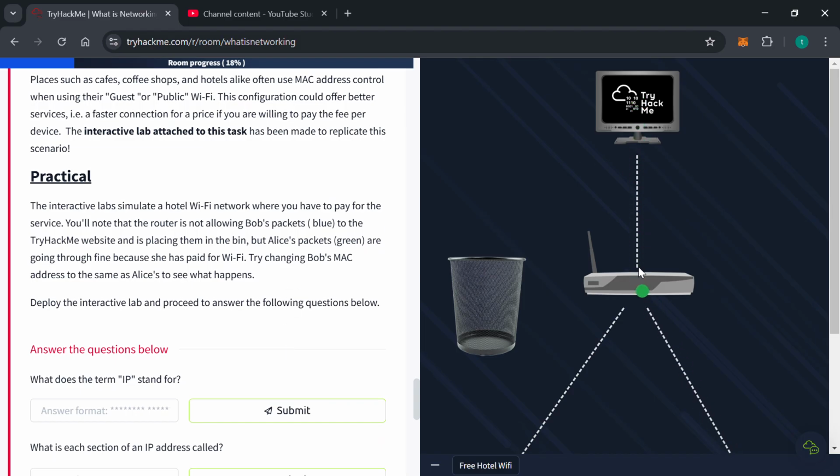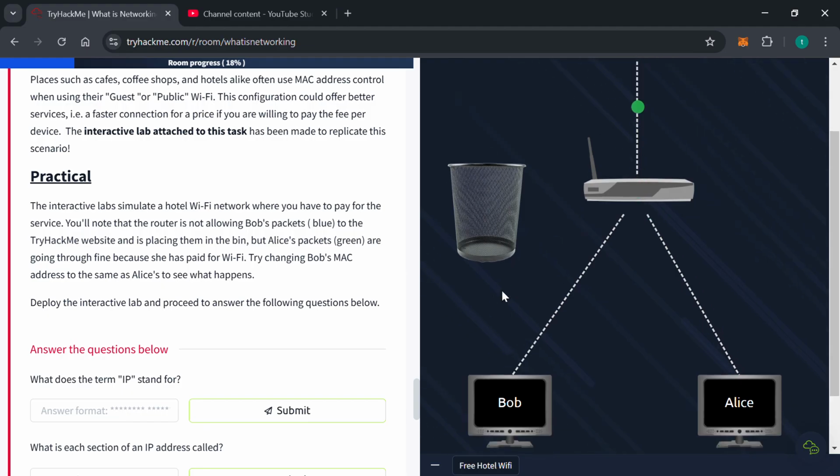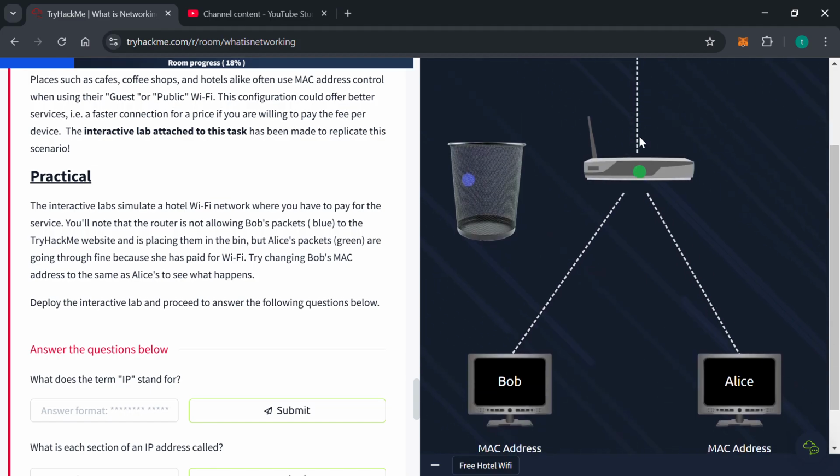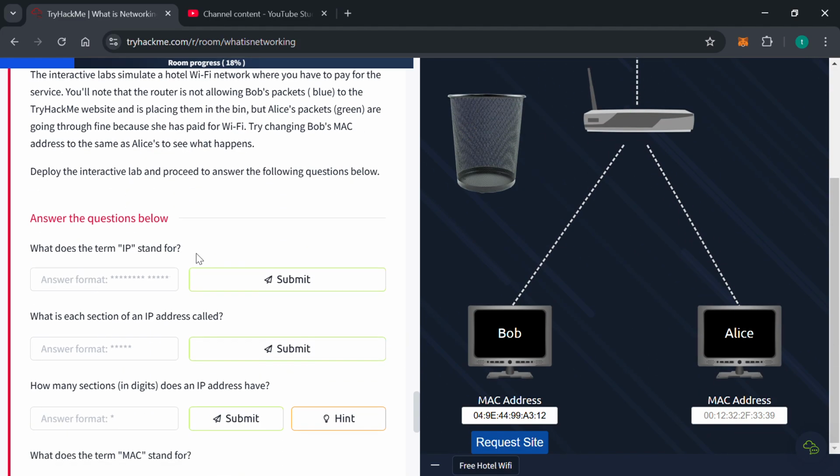So we know that the router is not allowing Bob's packets, the blue one, to the website. Let's see, request. It's placing it in the bin, right? You can see. Good. But the one of Alice is passing through.